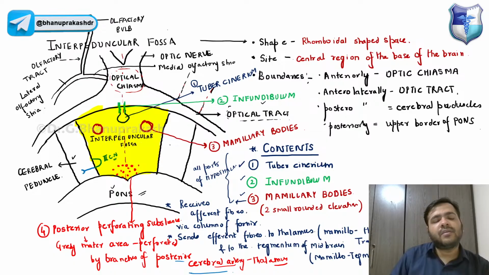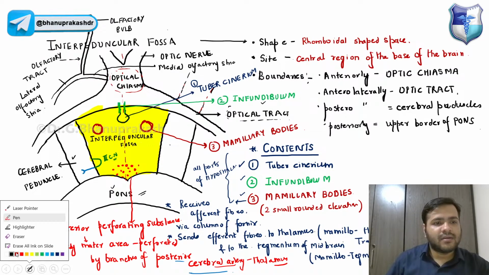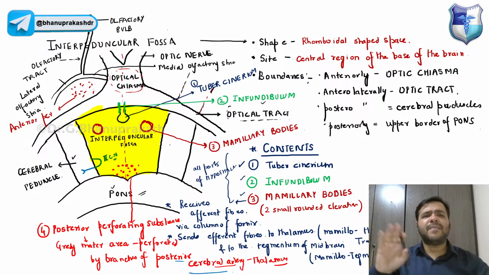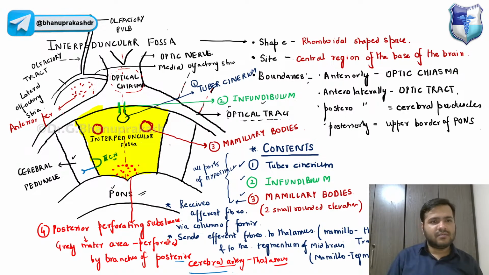Now over here, guys, which is located more anteriorly, it is the anterior perforating substance. So this is the anterior. It is not a part of this interpeduncular fossa.